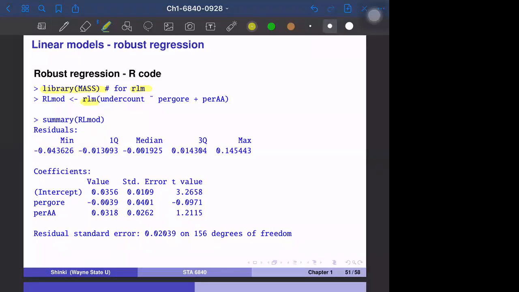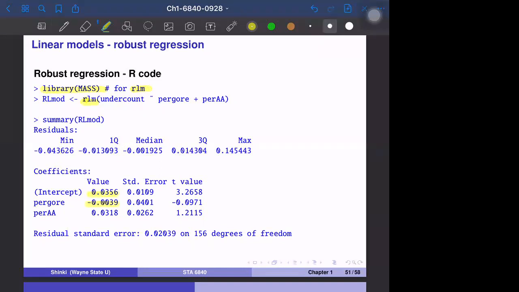The rlm function has more options, such as changing the loss function, or even using a different robust regression method. But here the default is the M estimator with the Huber loss function. And the summary of rlm is very similar.